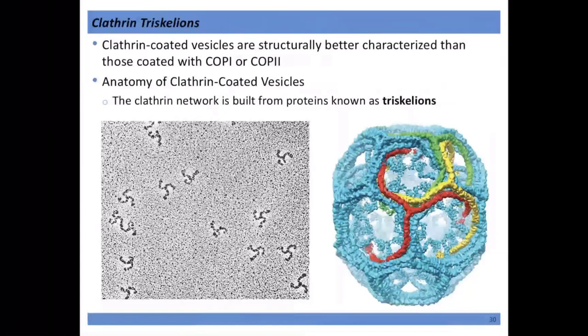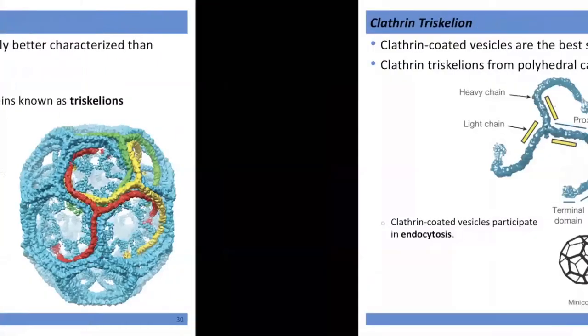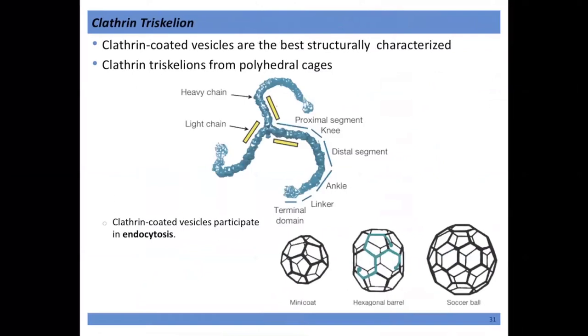We're not going to need to know much about them other than that they coat these vesicles that go and transport proteins to the cell membrane. And in fact, here's a picture of them, and you can see they've got this tri-armed structure. So if we look a little bit closer at them, don't worry about their anatomy.